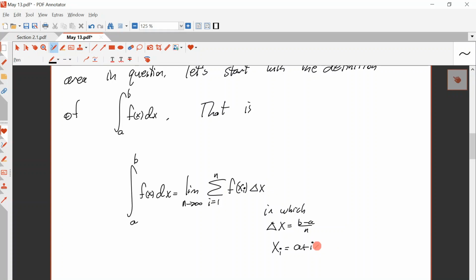Now, you can forget about that picture from Calc 1 of the area under the curve with those rectangles, where you add up the rectangles and let them get real skinny by taking the limit as n goes to infinity, and that equals the area that you want. That's the standard setup for the integral.